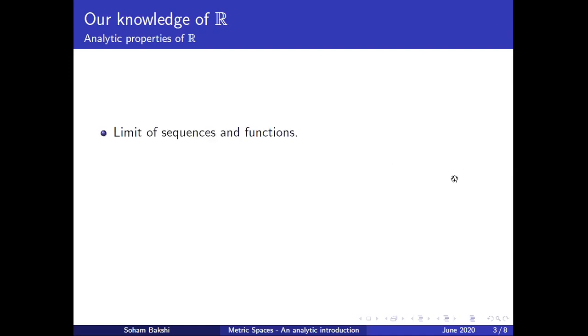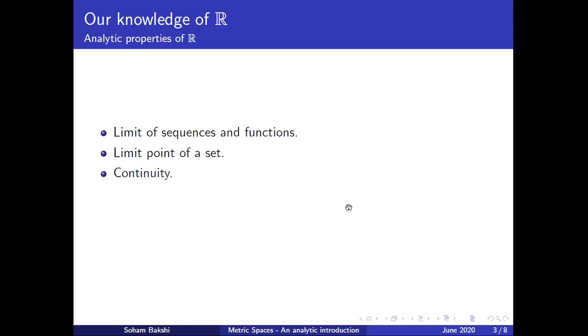To start with our knowledge of R, we know something called the limit of sequences and functions. At least we expect you to know it, but we'll give a review. Then there is something called a limit point of a set. This is not very much discussed at the 10+2 level, but we will cover it.